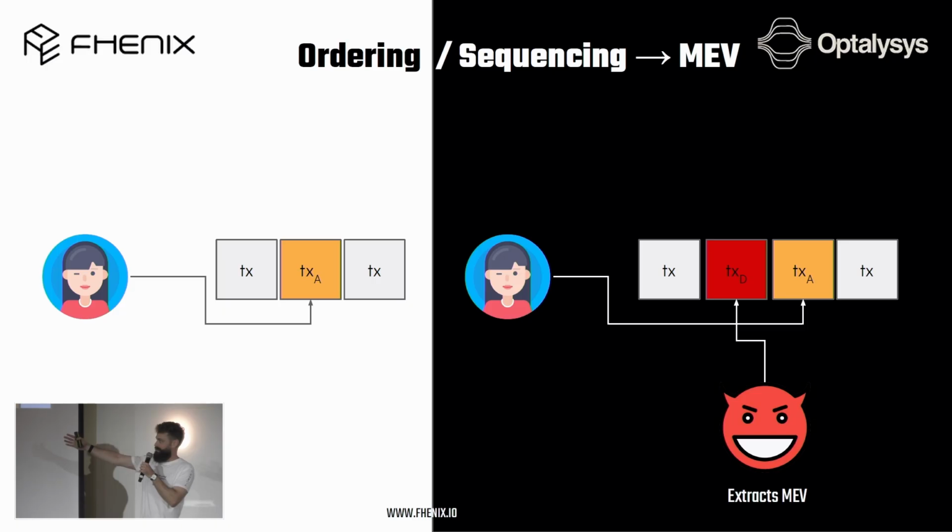Basically, Alice sends a transaction and some evil operator puts his transactions before it and extracts value. This evil person is taking advantage of all the mempool transactions being transparent, being plain text. And obviously, when the transactions are encrypted, it's way harder to do.